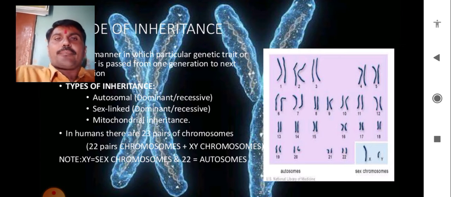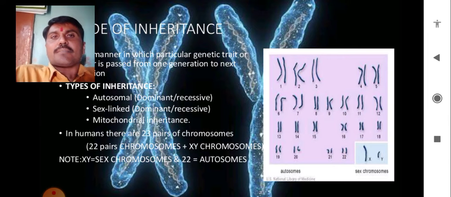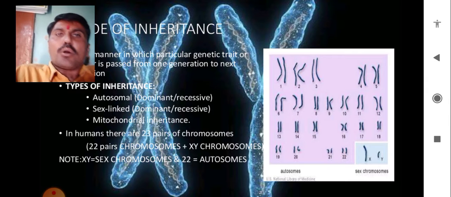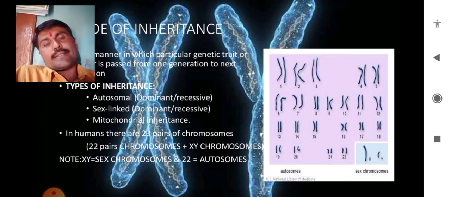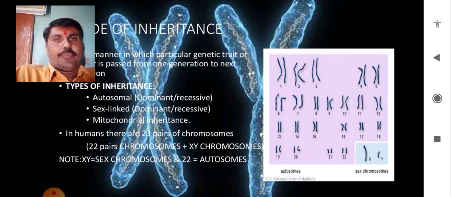As we think about the characters or the manners of a genetic link passed to the next progeny, in the same way the disorder of the genes or the chromosomes are also passed to the next progeny.